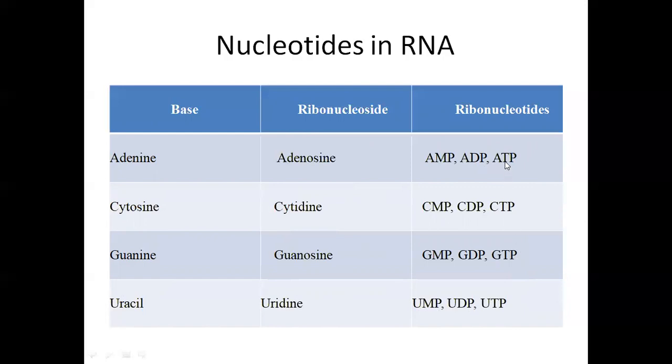If you know the basic structures of purines, pyrimidines, sugar and phosphate group and their linkages, then you can write the structures. You can easily write the structure of adenosine, AMP, ADP, ATP. Okay, so you can make it an assignment. You have to write the structures of all these nucleotides in case of DNA and in case of RNA.